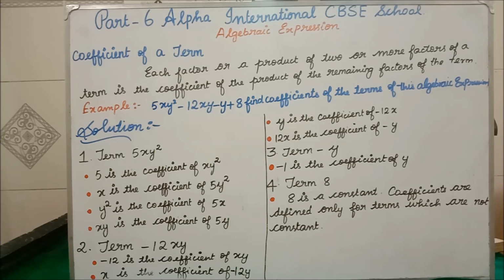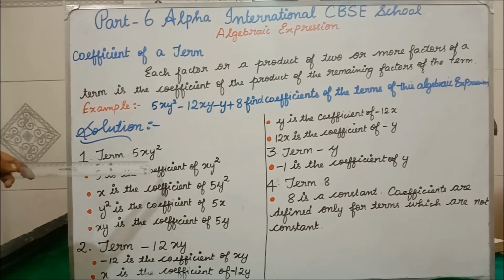Clear? Similarly, if I am finding the coefficient of x, if I take this x, what remains? 5y square. So the coefficient of x is 5y square. Clear? That is exactly what the definition says.